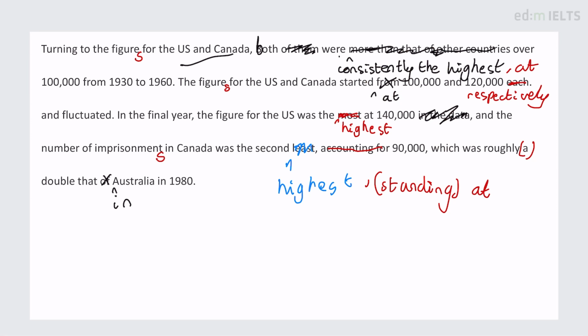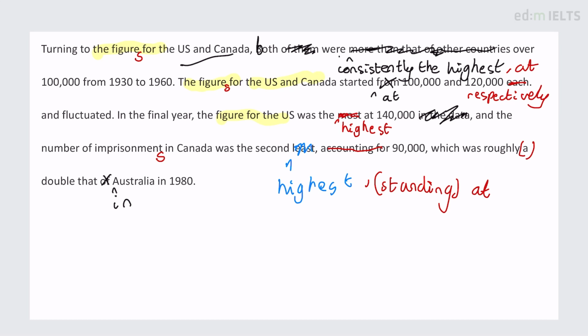So, using the figures, for example, instead of saying the numbers of imprisonments, the respective numbers of imprisonments for those two countries, that kind of structure is overused a lot, for example. When you're talking about cohesion, it's trying to connect things smoothly, I guess.